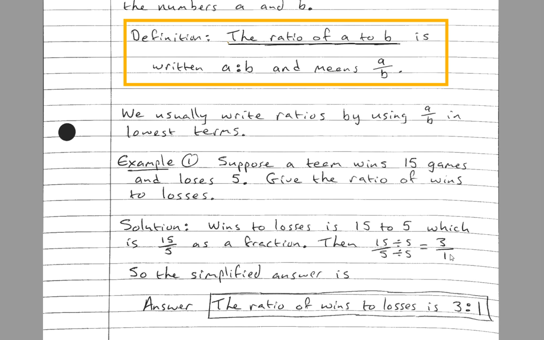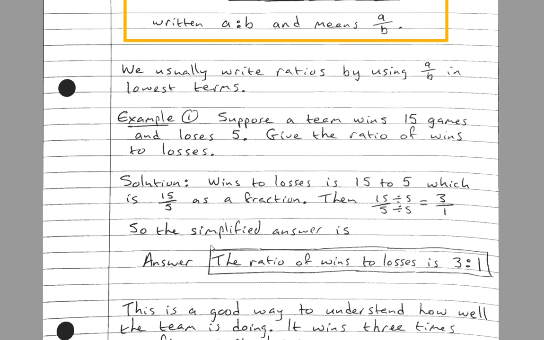It's just the whole number 3, but as a fraction, it's 3 over 1. All right, so the simplified ratio is 3 to 1, and that's the answer. So the ratio of wins to losses for this team is 3 to 1, or you can write it with a colon, 3:1.